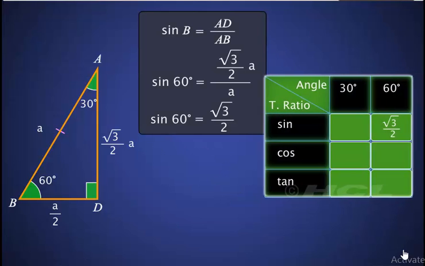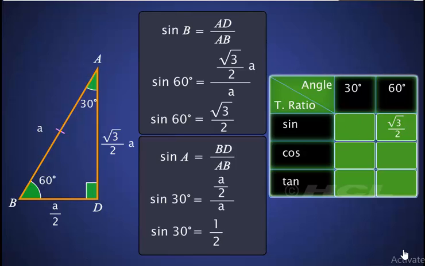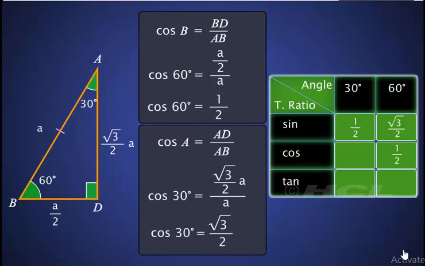Since the sine of angle B is AD over AB, the value of sine 60 degrees is equal to the square root of 3 over 2, and the value of sine 30 degrees is equal to 1 over 2. Similarly, the value of cosine 60 degrees is equal to 1 over 2, and the value of cosine 30 degrees is equal to the square root of 3 over 2.